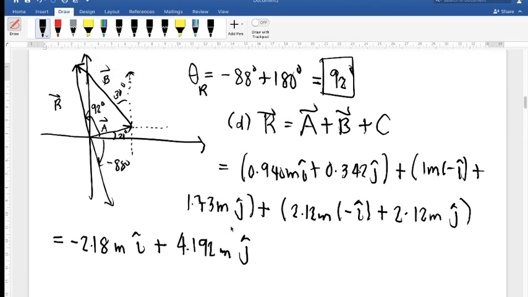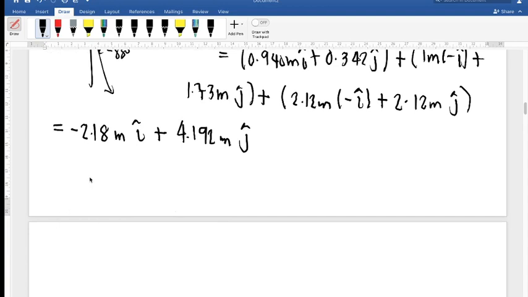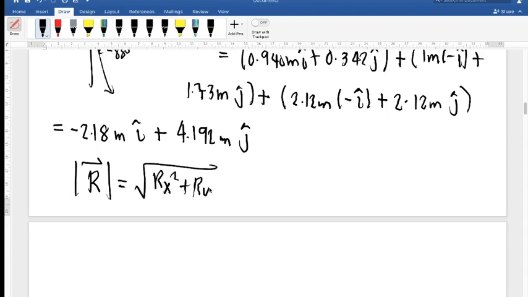Next, we just have to find the magnitude. The magnitude is equal to the square root of rx squared plus ry squared. The x component of your resultant is negative 2.18 meters squared, and your ry is 4.192 meters squared.